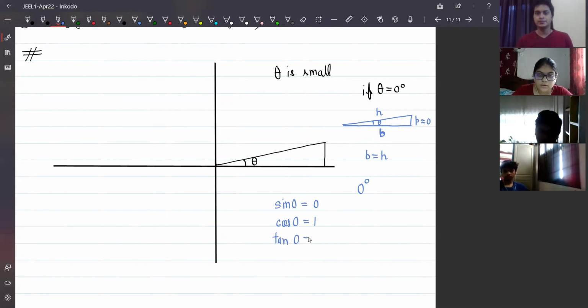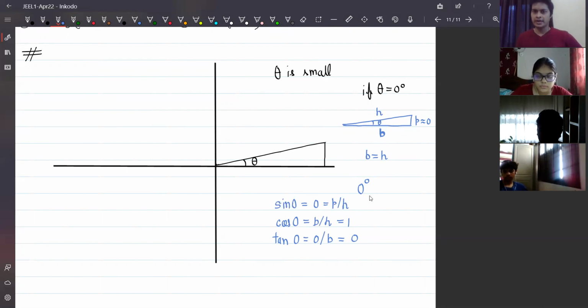Tan 0. Perpendicular upon base, 0 by b, that will be 0. Cos 0 is 1 because it is b by h. And sine 0 was 0 because it was p by h.